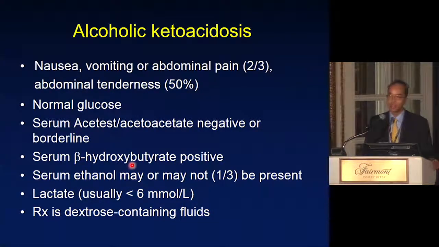This often occurs after patients have had a large binge and then stopped for a few days. Serum ethanol levels are often normal in these patients, undetectable, but sometimes they're present. There's always a contribution of lactic acidosis, but it's relatively minor. And the treatment, as you all know, is just to give IV dextrose-containing fluids.